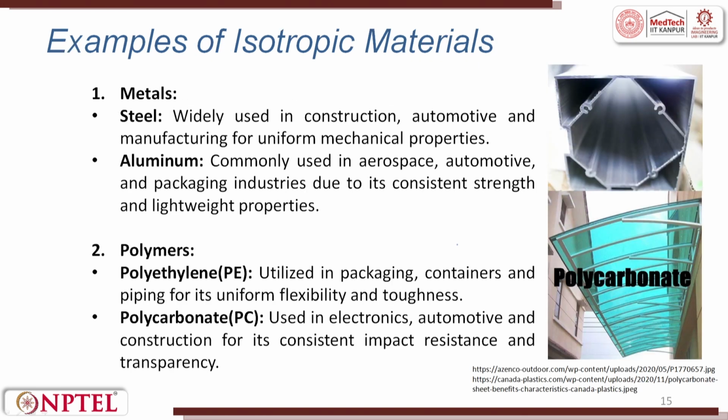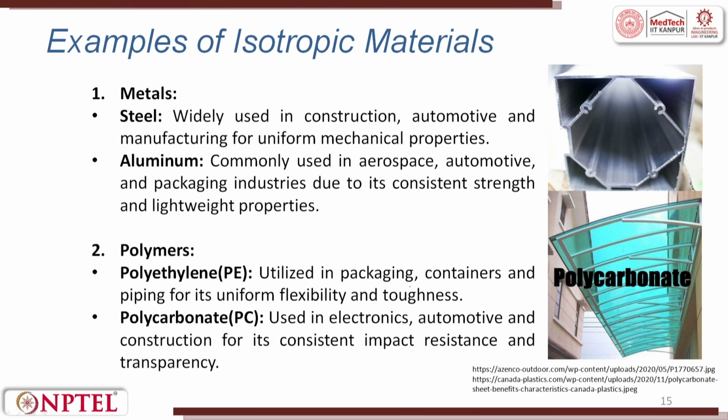Metals like steel and aluminum fall under isotropic material. They are widely used in the construction, automobile and manufacturing industry. Aluminum is commonly used in aerospace, automobile and packaging. When we talk about polymer materials, it talks about polyethylene and polycarbonate.